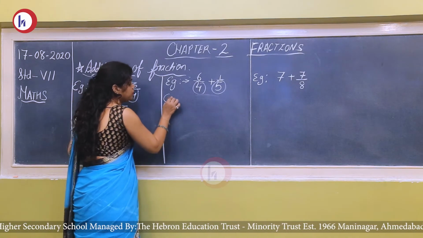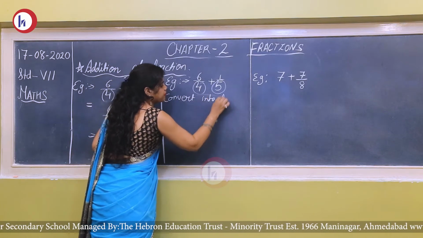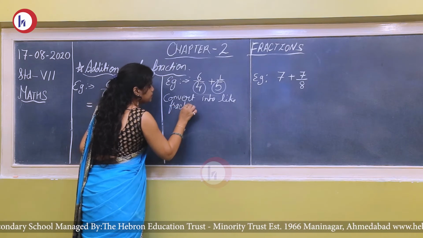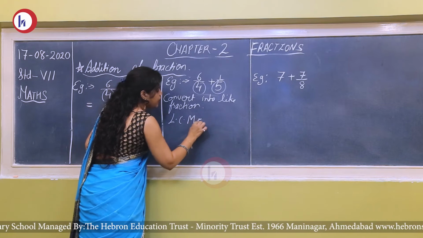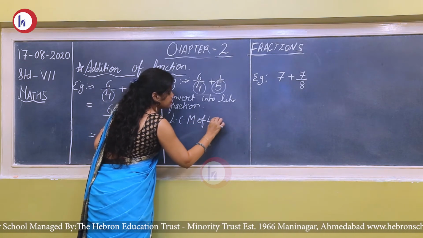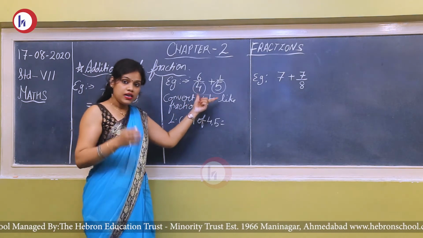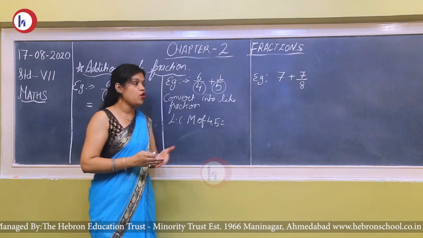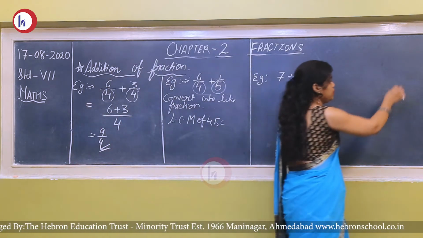Now how will we convert? Convert into like fractions by taking the LCM of the denominators. Whenever you have unlike fractions, you have to take the LCM of the denominator numbers. Now you know how to take the LCM, we have done it in lower classes.